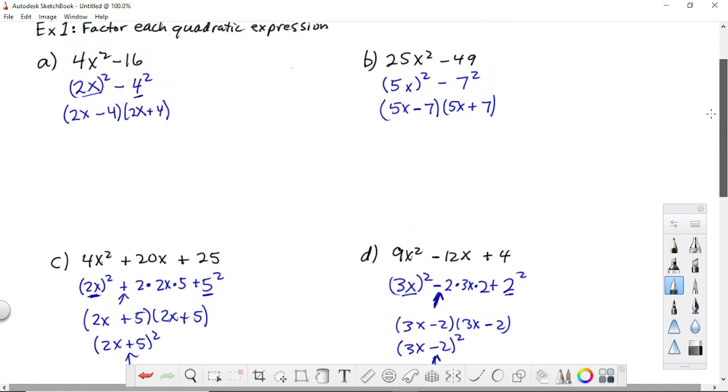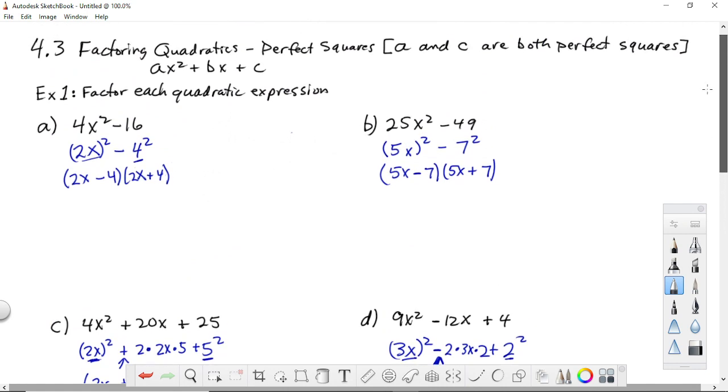I think what we didn't do is check any of these, and let's do a couple of them. Look at A. Let's go ahead and multiply this back just to make sure it works. So we have 2x times 2x, that's 4x squared. You have 2x times positive 4, that's 8x. And then you have negative 4 times 2x, negative 8x.